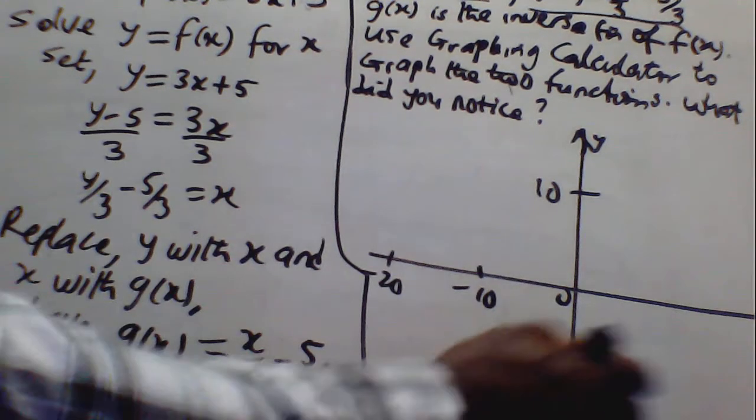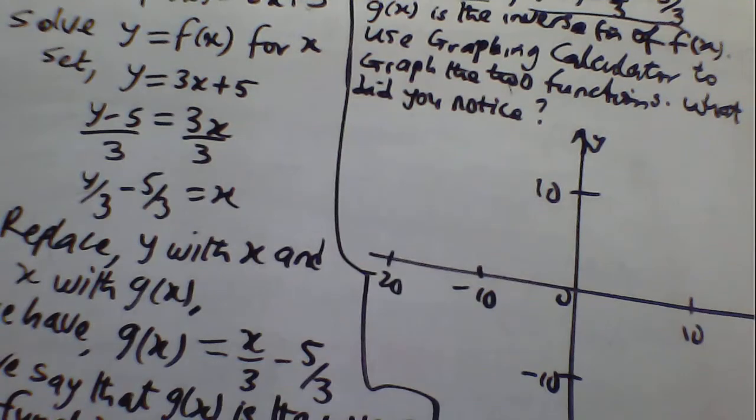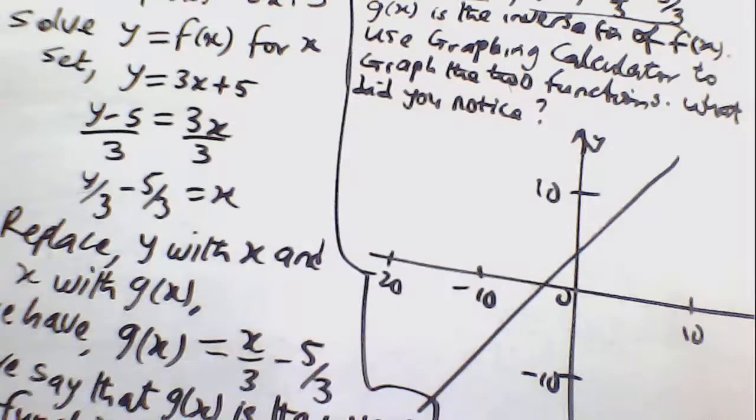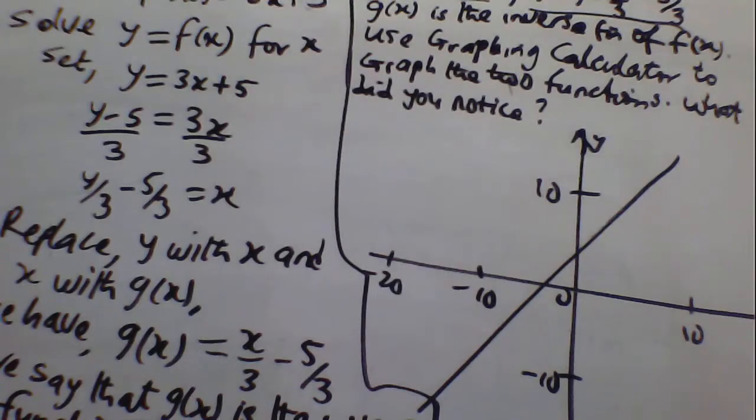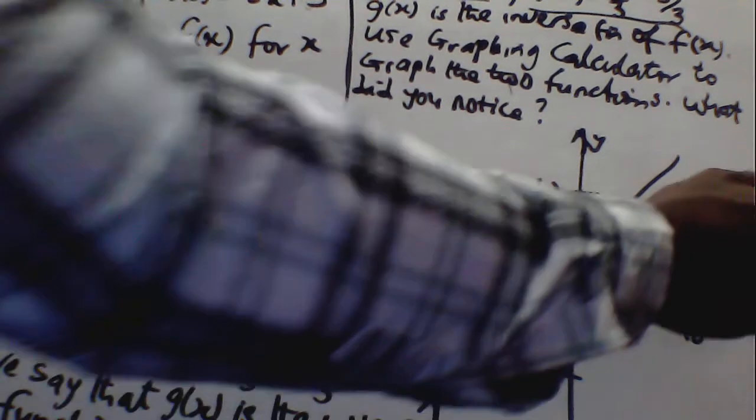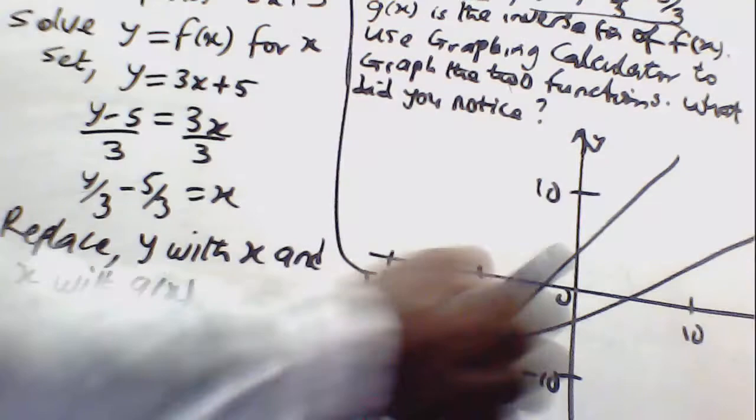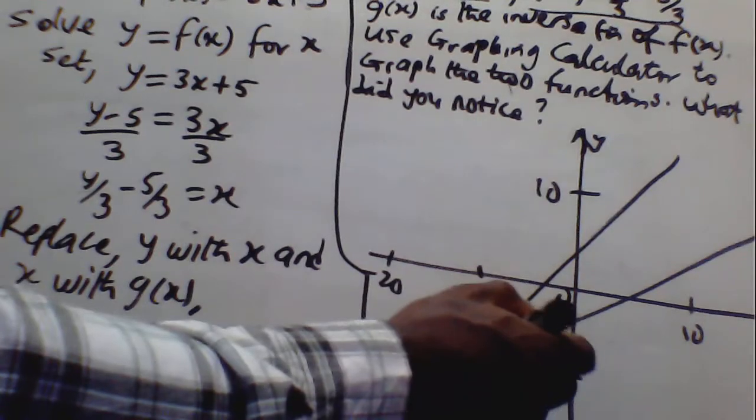We have minus 10 here, we have 10, we have 20. The first one we cut here is a straight line. The second one we cut from here. This is how it's going to go.